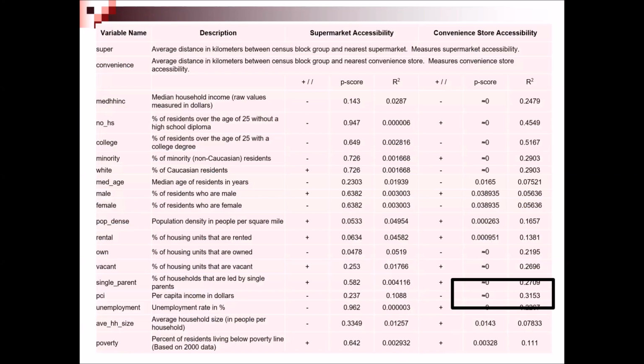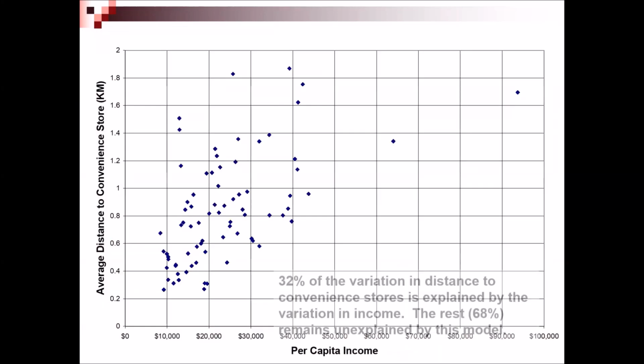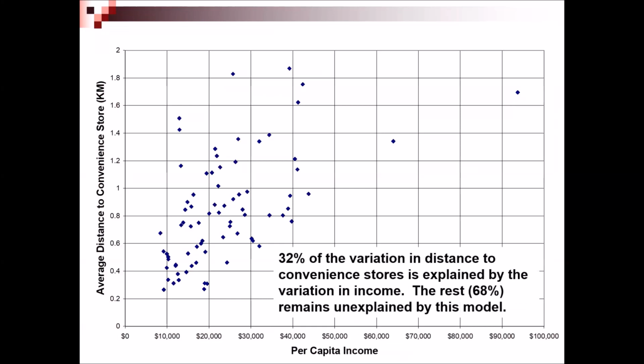Eat at a convenience store every day. It's going to empty real quick, really quick. Okay. And so now what we can say here, especially with this graph, is that 32% of the variation in distance to stores can be explained by the variation in income. All the rest is unexplained.